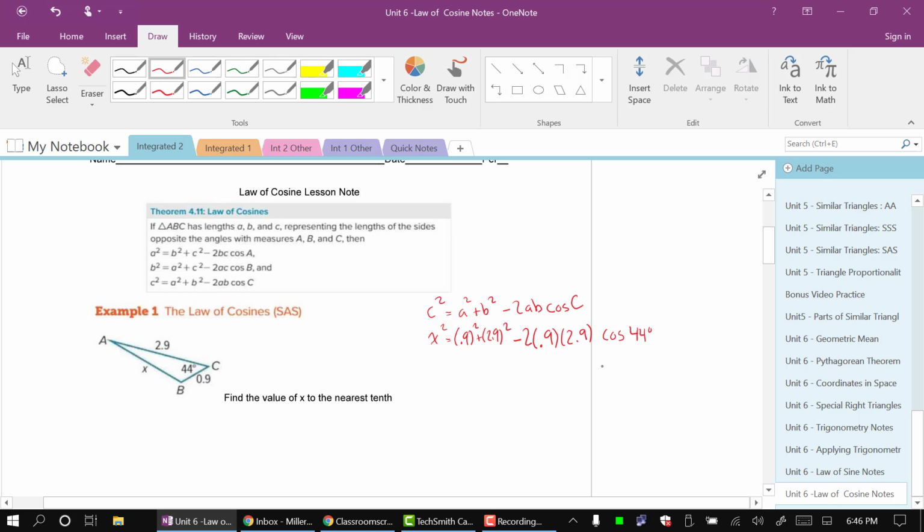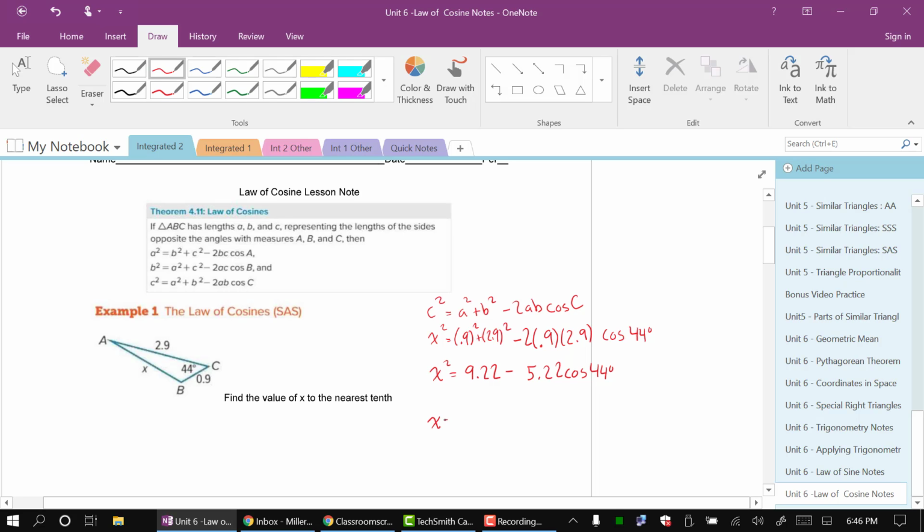So let's multiply all that out. This gives me x squared equals 9.22 minus 2 times 0.9 times 2.9, which gives you 5.22, so 5.22 cosine 44 degrees. Now I want to figure out x, so I'm going to take the square root of both sides.